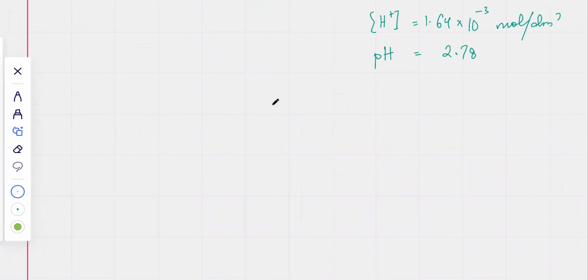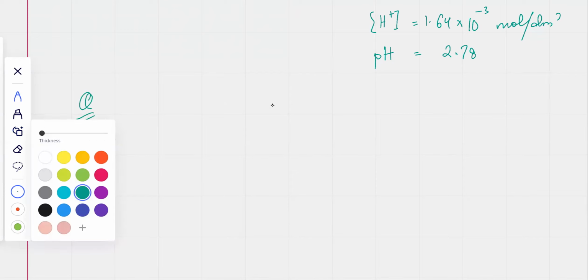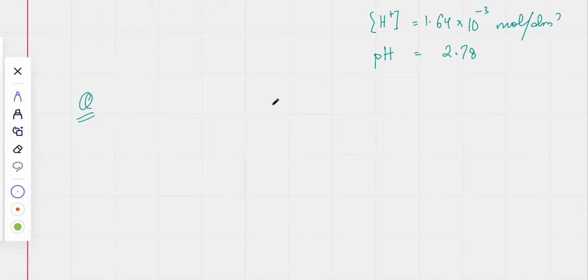Now, in the next question, what's given is, let's take another acid, oxalic acid. So I've got 0.15. No, forget it.